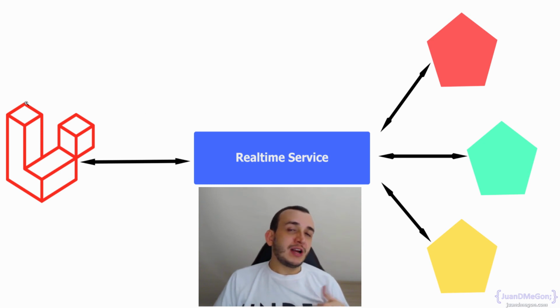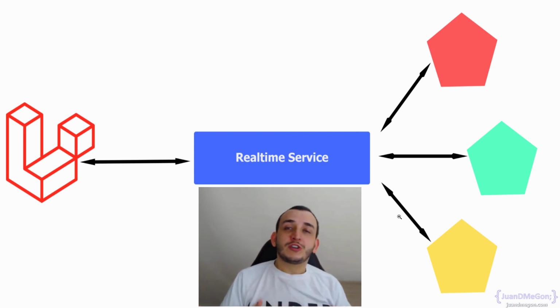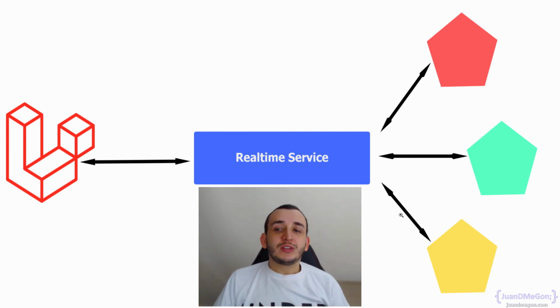Laravel processes it, validates it, modifies it if you require, and then sends it to the real-time service to broadcast that specific message to every other client that is connected to that chat, to that WebSocket, and show the message correspondingly, depending on what every single client wants to do with that message.